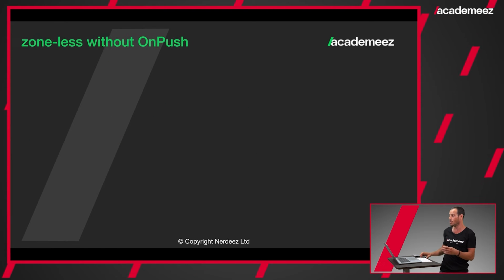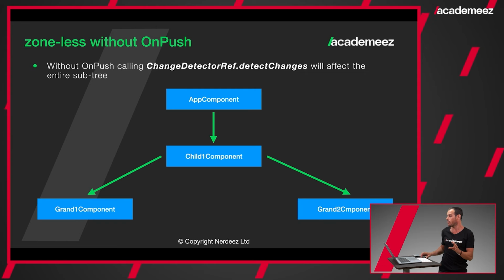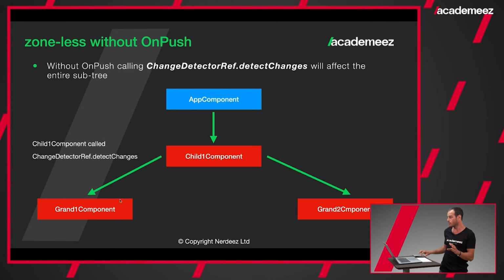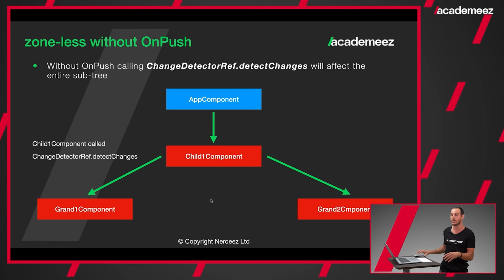Now, just to show in a diagram, if we have zoneless without OnPush, so we don't change any of our components to OnPush, and you call detectChanges on child 1, your entire subtree of child 1 will undergo change detection, including all the components further down the tree.